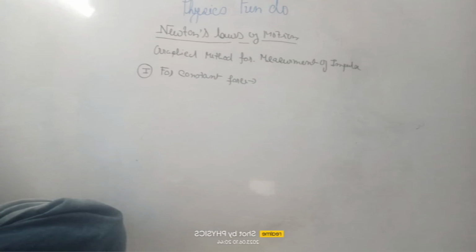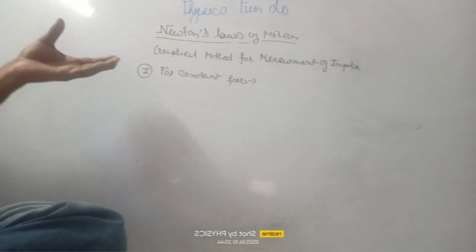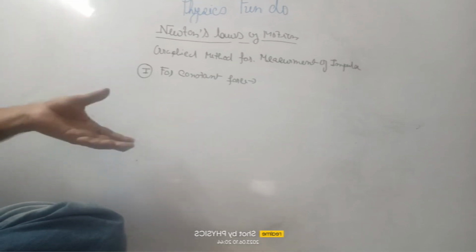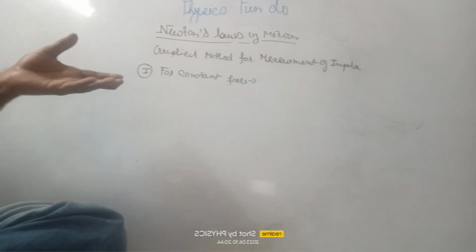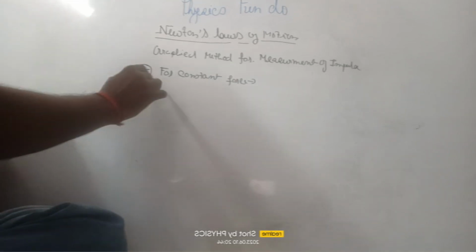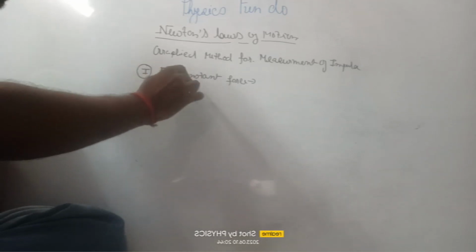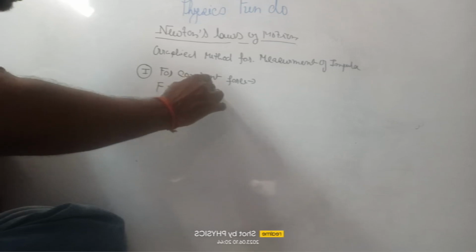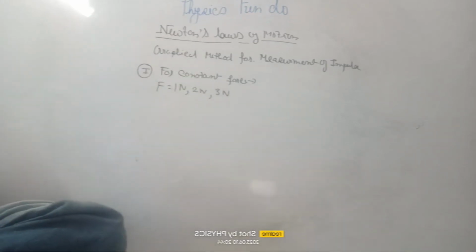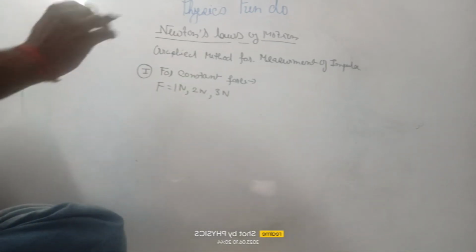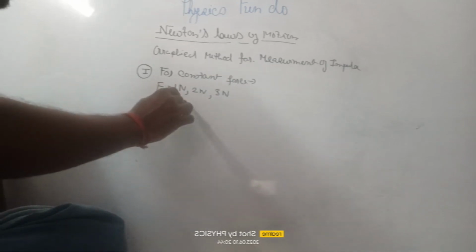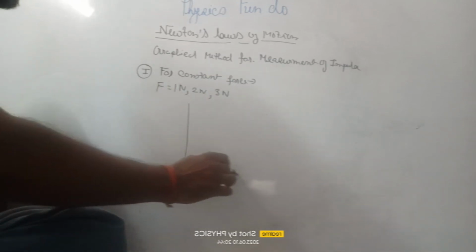What is constant force? The forces whose value is unchangeable. That is, if it equals 1 Newton, maybe for an example 2 Newton, 3 Newton, etc. Now for the constant force, draw a graph.